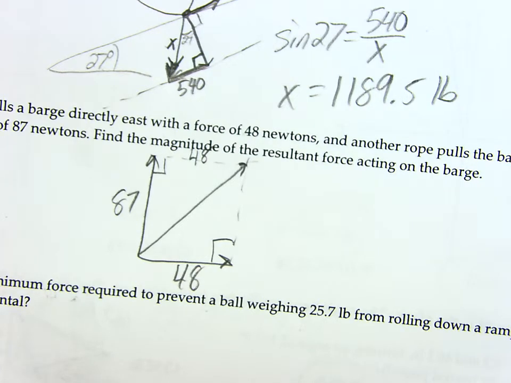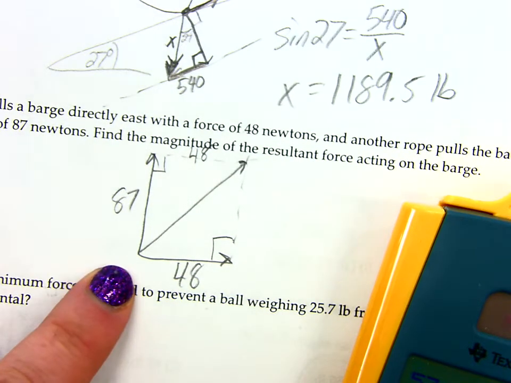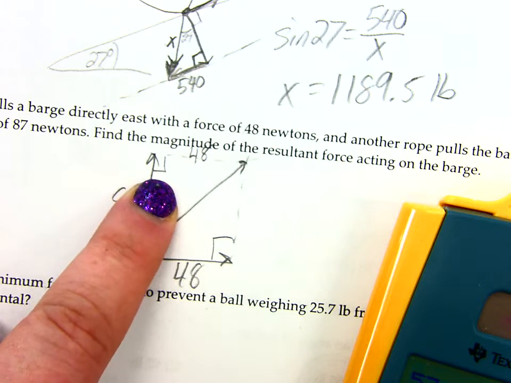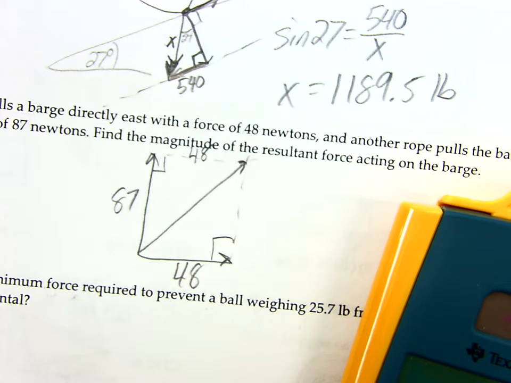Oh, wait, no. Why wouldn't I just do Pythagorean Theorem? Since I'm lucky enough to have right angles. I did law of cosines when I did it before, too. Usually, though, we're not lucky enough to have a 90-degree angle there. But I do this time, so why not use it to my advantage? So, the square root of 87 squared plus 48 squared.